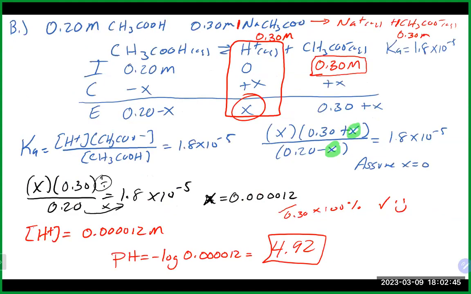With the presence of the common ion, it forced the equilibrium back this way, which decreased our H plus concentration in comparison to just the acetic acid by itself. The result of that, a higher pH than we saw with acetic acid by itself. Any questions on that there?